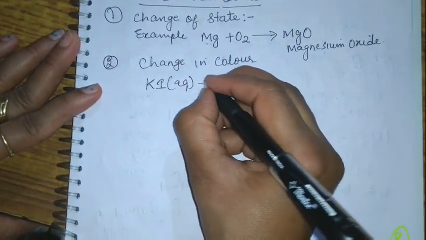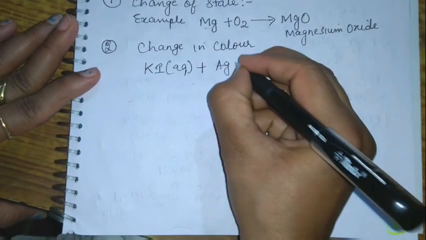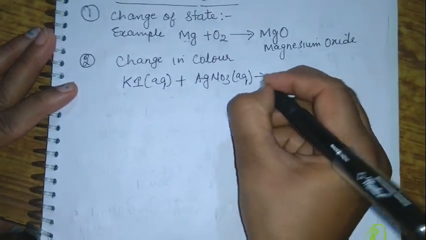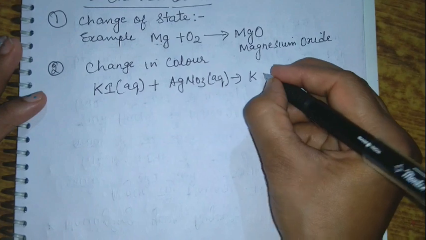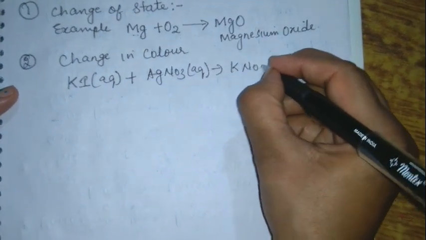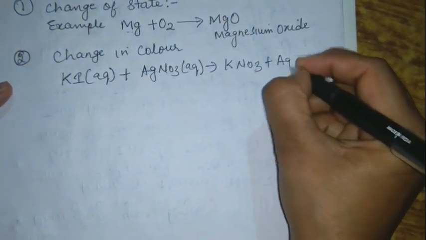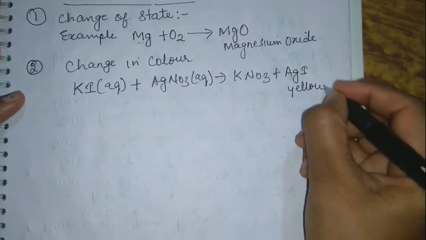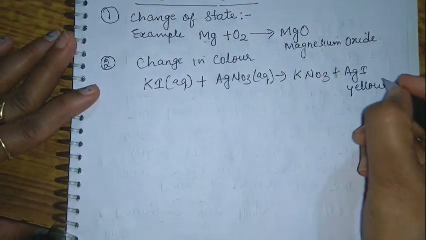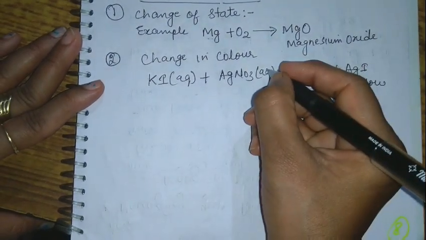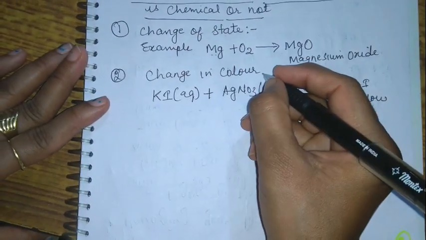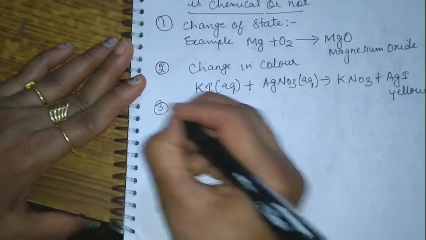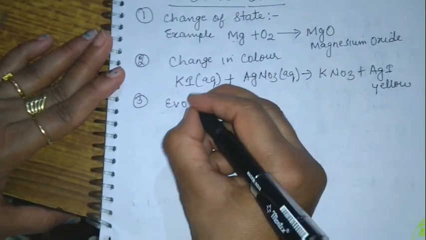Potassium iodide, when react with silver nitrate in aqueous form, it gives potassium nitrate plus silver iodide, which is yellow in color. Okay, so this type of reaction is also chemical reaction, and how can you find it? By changing the color.